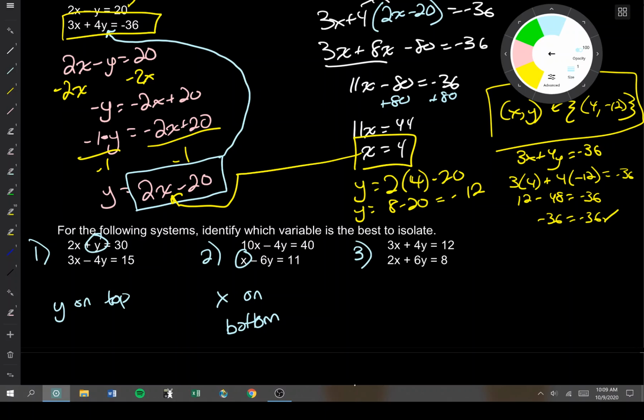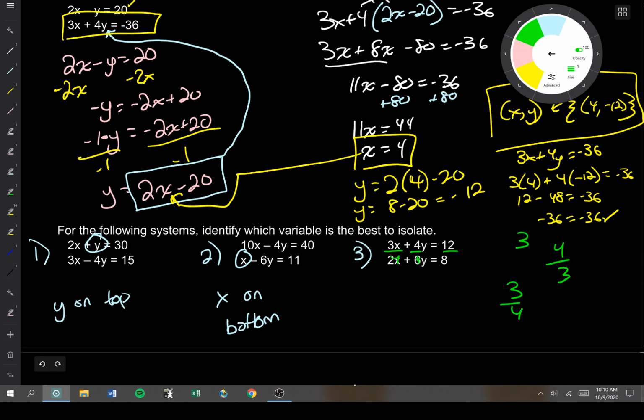So here's what we look for. We look at the coefficients and we do a quick check. I'm going to ask myself the question, if I divided every term here by 3, would I ever get a fraction? And the answer is yes. If I divide 4 by 3, I get a fraction. I don't want that. If I divide everything by 4 in this equation, will I get a fraction? Well, yeah, since 4 is bigger than 3, if I divide 3 by 4, I'm definitely going to get a fraction.